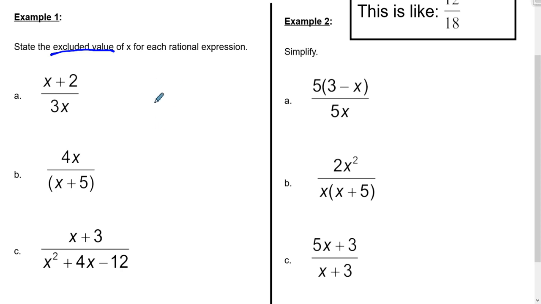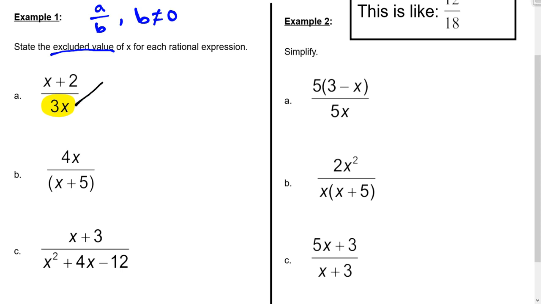So we should all remember that rational expressions are written in the form a over b, so long as b, the denominator, does not equal 0. So what I'm going to do is identify the denominator in each one of these. The first one, it's just 3x, and I'm going to make sure that that does not equal 0.